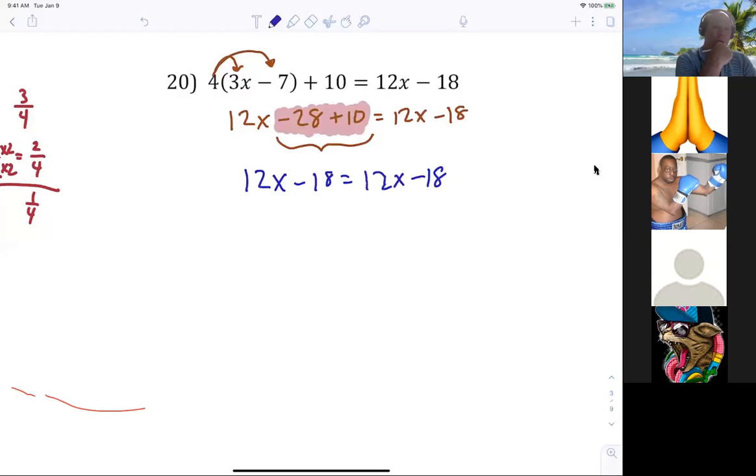Now, hopefully that rings a bell and you say, well, wait a minute. 12x minus 18 is always equal to 12x minus 18.